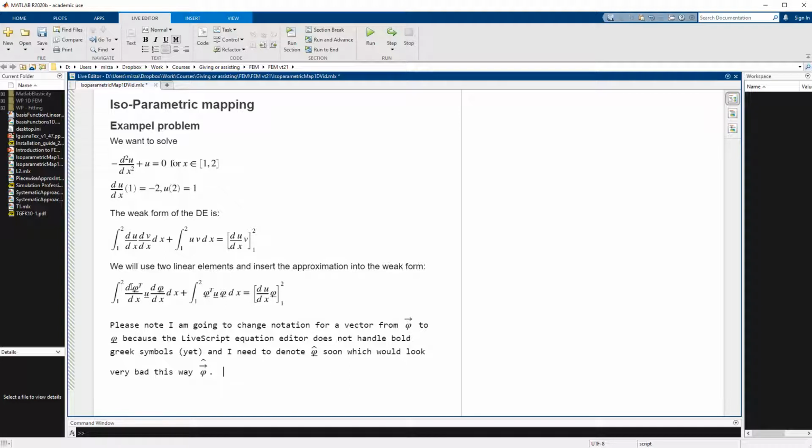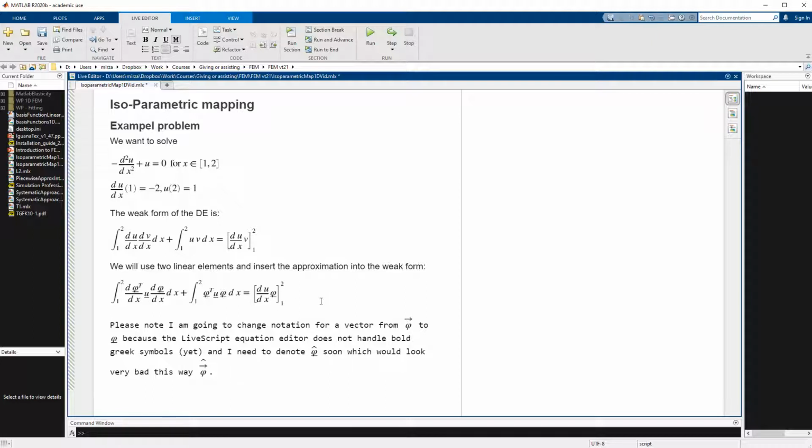The reason I'm changing this is that when I later need to do hat, it just looks very weird and laughable. So I'm going to change it so it looks a little bit better. You just need to get used to this new notation style. Vector notation should obviously be done using bold script. It's just that Matlab doesn't handle bold symbols, at least yet, for Greek letters. That's why you need this workaround.